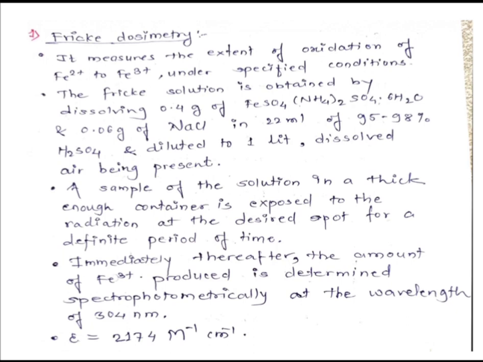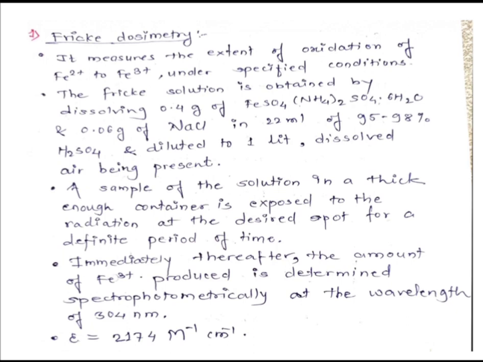Then immediately thereafter, the amount of Fe3+ produced is determined spectrophotometrically at a wavelength of 304 nanometers. It means we have prepared 1 liter of solution, then taken a sufficient amount of sample in a thick container, exposed it to the radiation, and kept that sample there for a certain period of time.